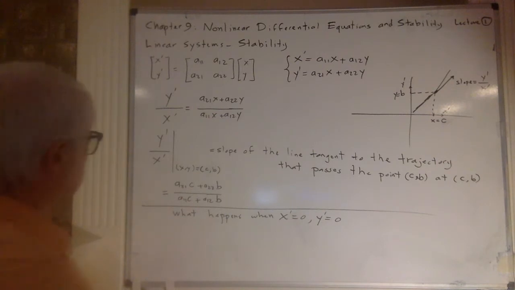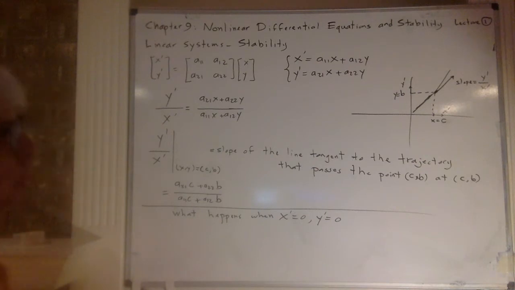But anyway, so at point CB, we get this. So this is in fact the slope of the line tangent to the trajectory that goes through point CB at CB. And remember, we have infinitely, in fact, many trajectories, uncountably many, and one of them goes through point CB.